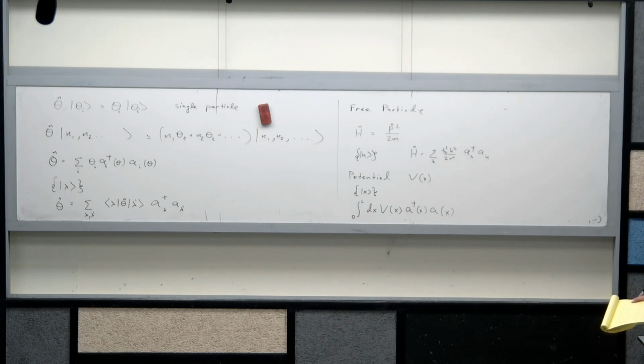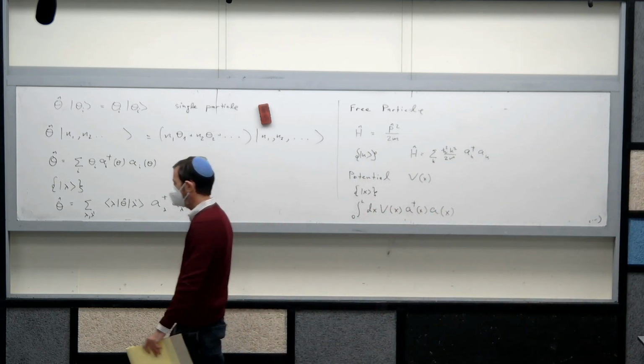Okay. What do I do when I have the usual Hamiltonian, the ubiquitous Hamiltonian?